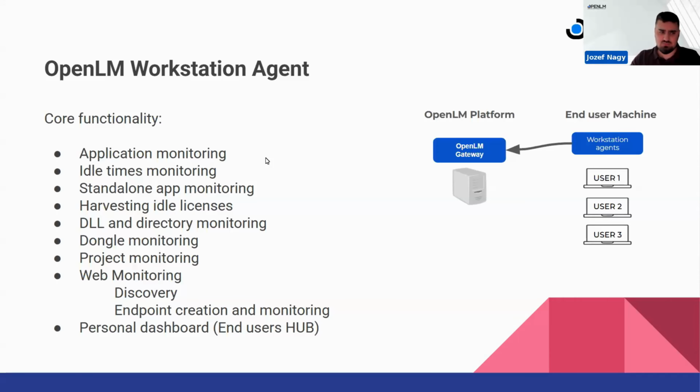In case he is running some simulations, it's drawing power or resources from the machine, and it will not be marked as idle. We can also monitor standalone applications using this method.